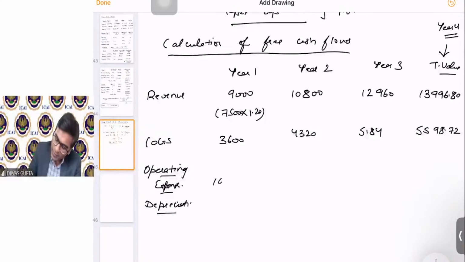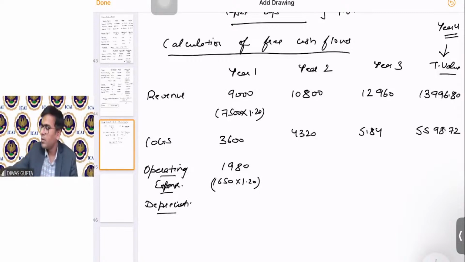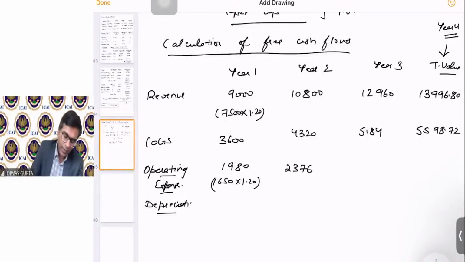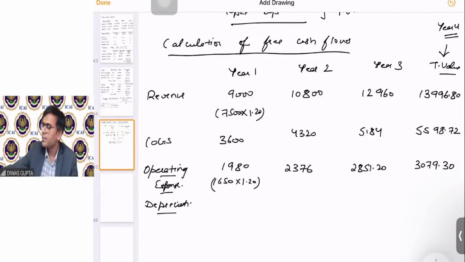So it becomes 1,650 into 1.20, 1,980. Again, this will be plus 20%, which is 2,376. Again, plus 20%, which is 2,851.20. And this will be 8% in the terminal value year 4, which is 3,079.30 students.